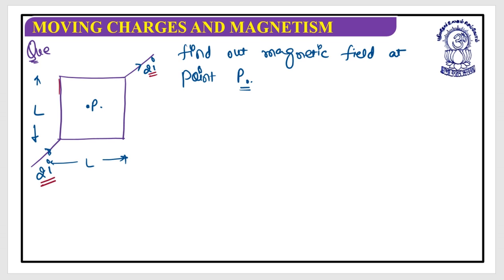That means I can understand that this is a uniform resistance wire. That means the resistance of this wire and the resistance of this wire would be equal.